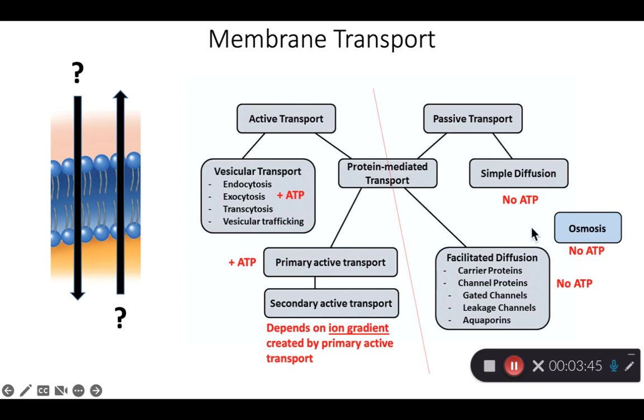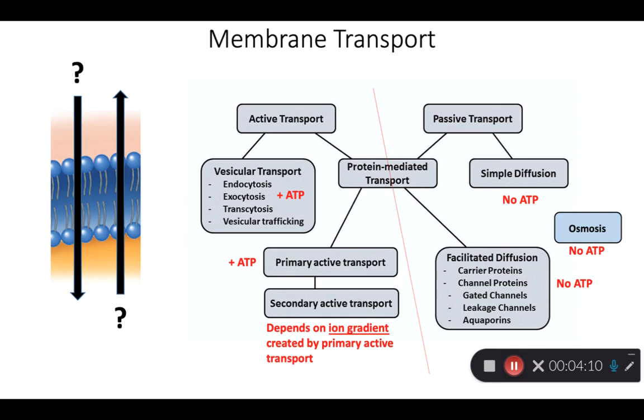Some things, if you can't get through just the phospholipid bilayer, you need to be facilitated. You need help. And the help comes from a protein, a membrane protein. So facilitated diffusion is just like simple diffusion, except it requires some type of protein.